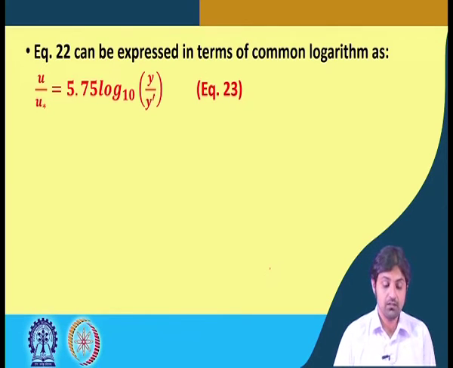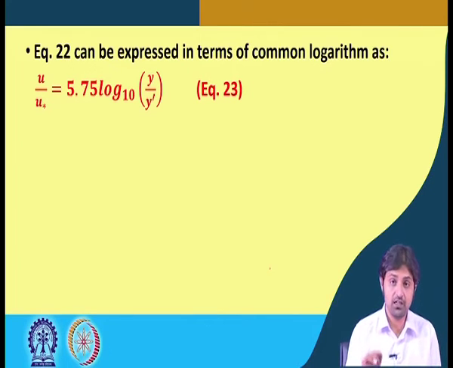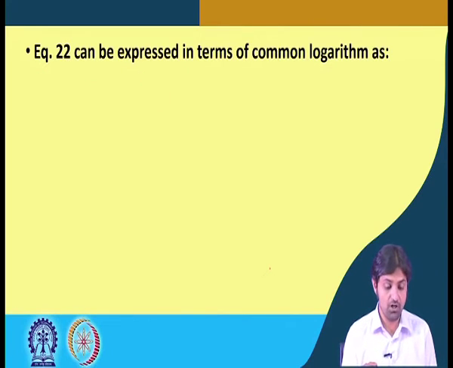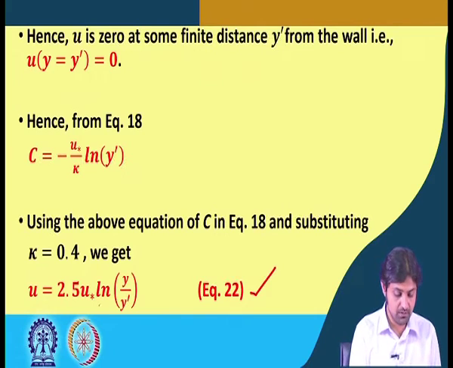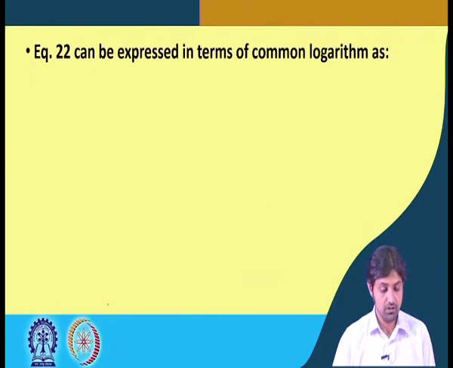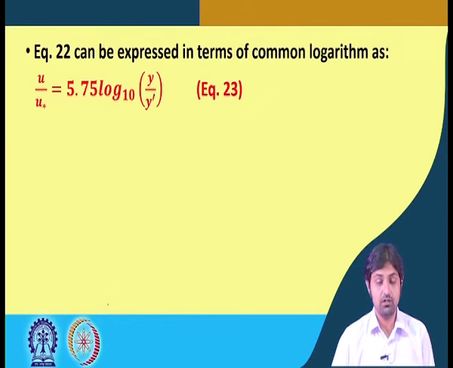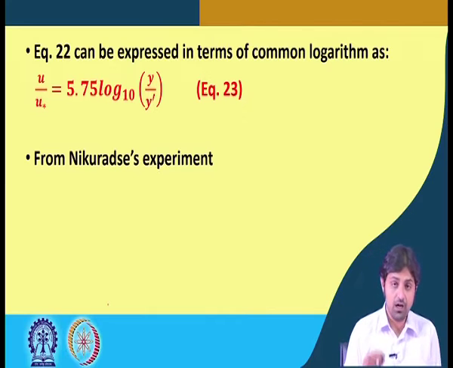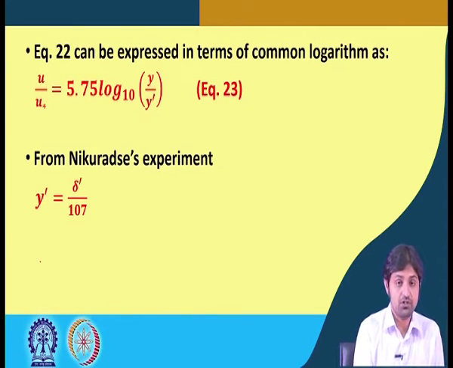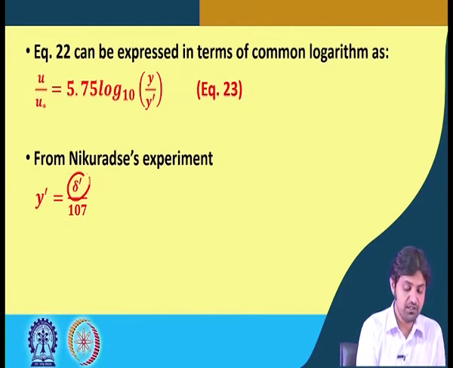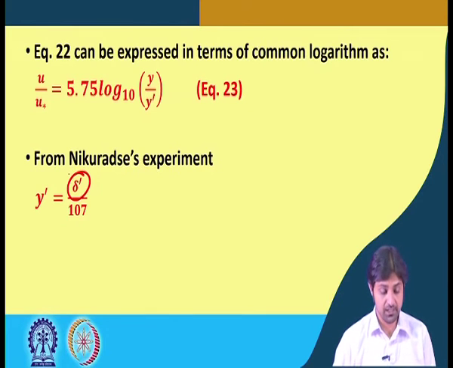We have converted ln into log to the base 10, because the previous equation was in terms of natural log, and we get 5.75 log 10 y by y prime. Now again from Nikuradse's experiment, y prime has been found to be delta prime, the thickness of the laminar sublayer, viscous sublayer, divided by 107.